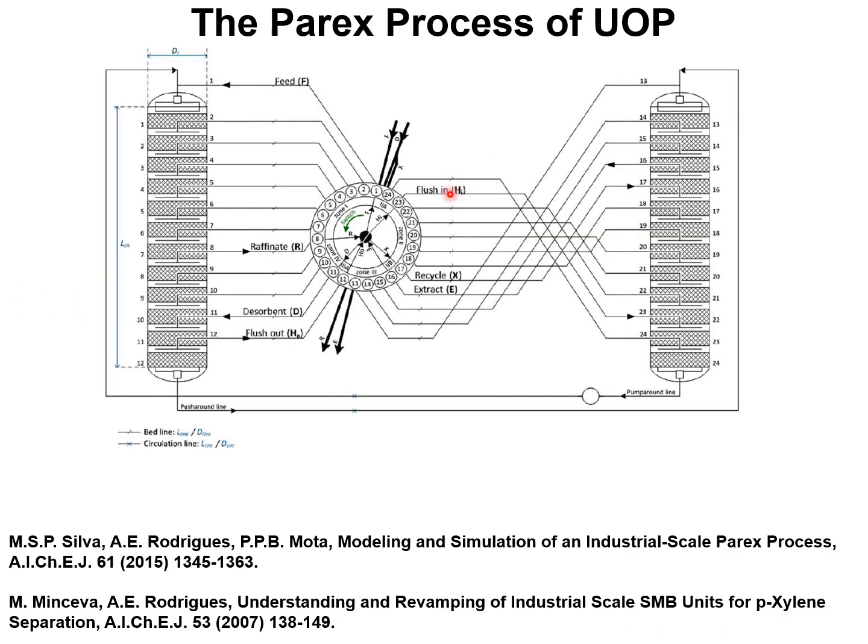There are two major process licensors for SMB technology for xylene separations. The Parex process of Universal Oil Products in the United States and the Eluxyl technology from the company Axens in France.